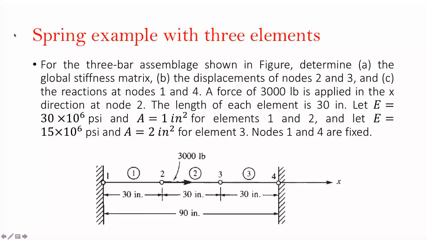In total, we have 4 nodes. The only external force applied on this rod is at node number 2, with 3,000 pounds. We want to know the displacement at nodes number 2 and 3, and the reaction forces at nodes number 1 and 4, which are the fixed points.